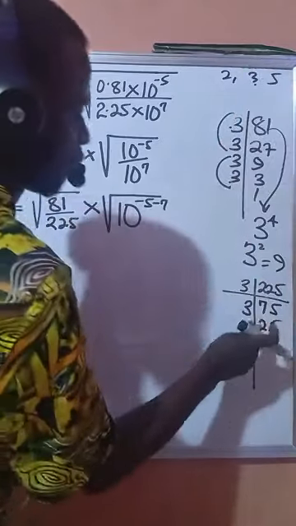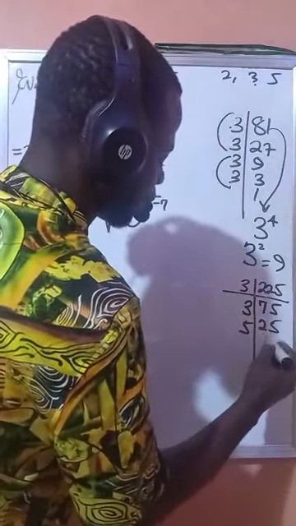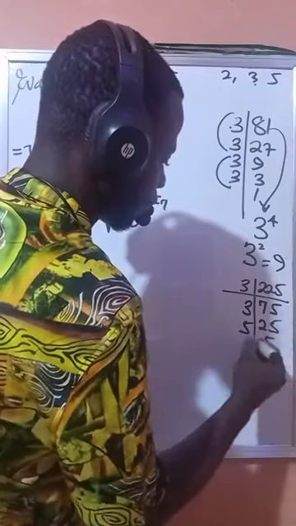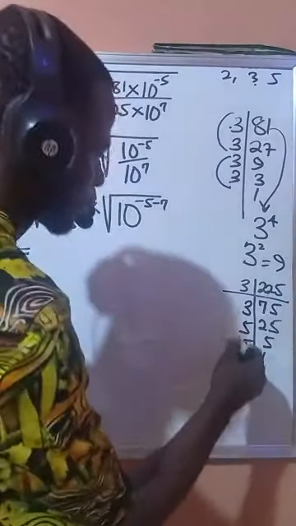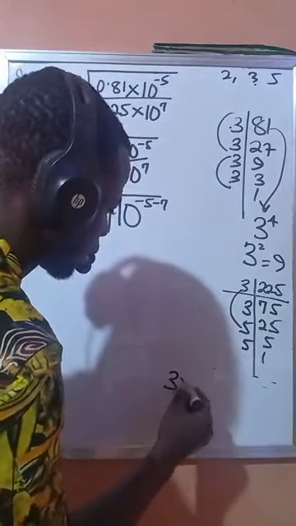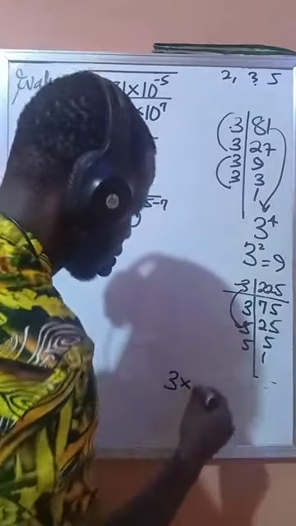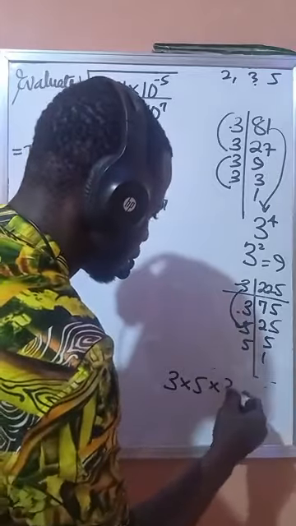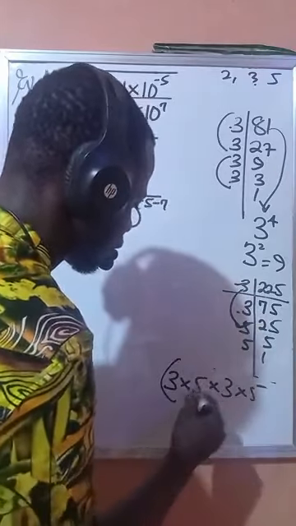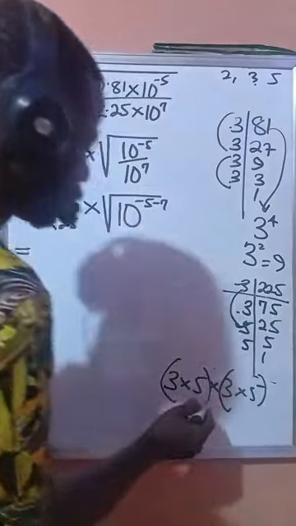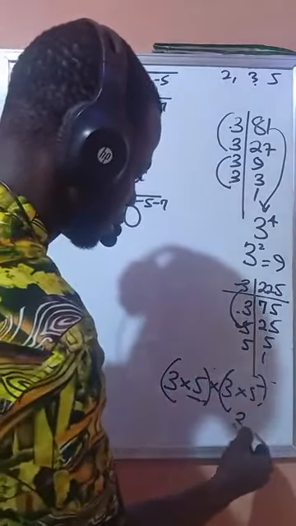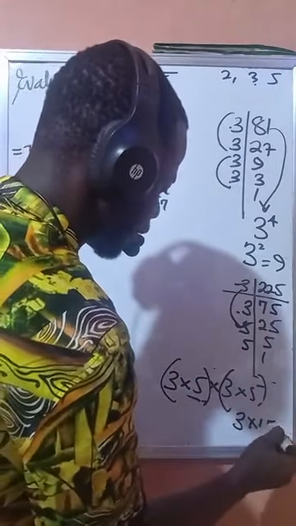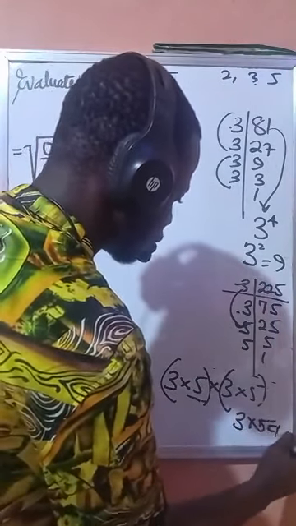Let's go to 5. 5 in 25 is 5. 5 in 5 is 1. So 225 is 3 times 5 times 3 again times 5. Pick one of each pair. So the square root of 225 is 3 times 5 equals 15.